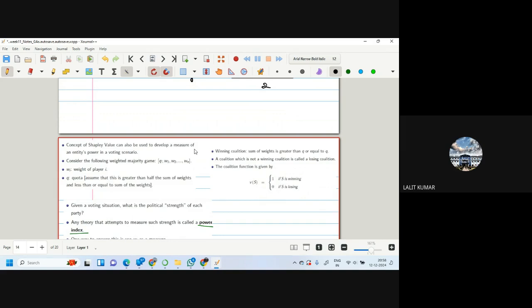Now this Shapley value which was there about allotment, this can be used for the voting scenario also: which party has got how much power.